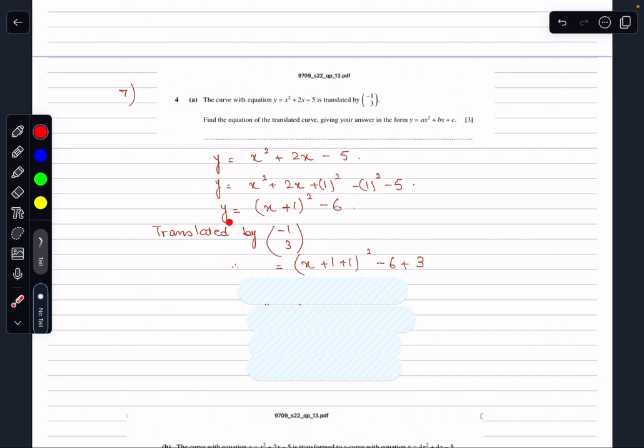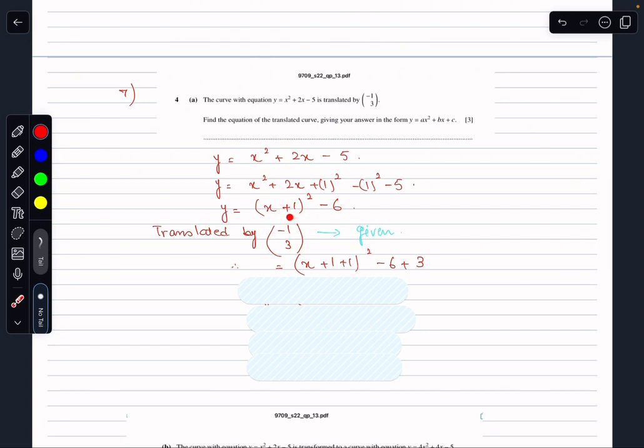Alright, so this is the equation, which is y equals x plus 1 the whole square minus 6. Now the condition here says that it is translated by (negative 1, 3), that's given in the question. Therefore, for x, changing the sign for negative 1, it should be x plus 1.